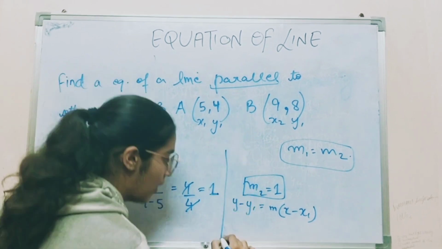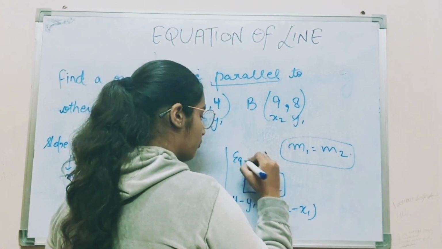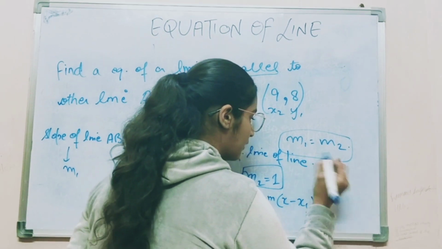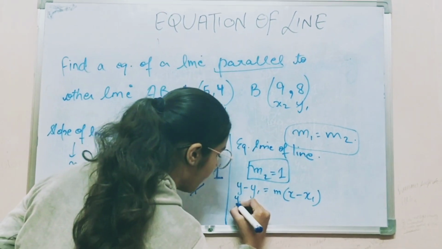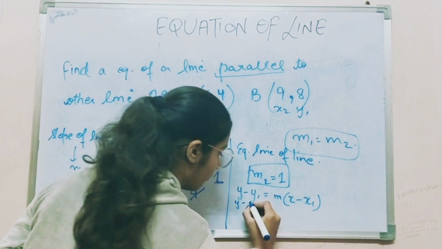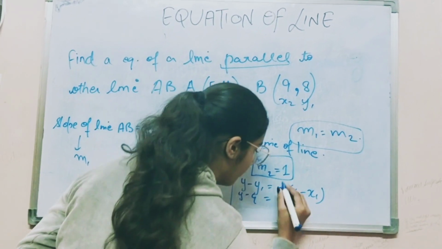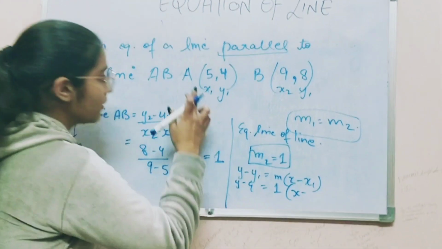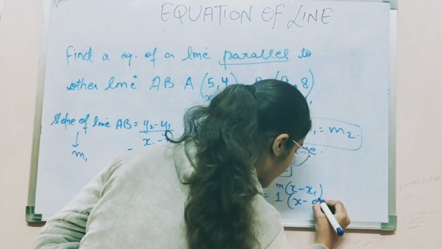Now let's substitute the values. This side I am going to find the equation of the line. Y minus, now y1 we are having 4, here we are having the value of m, so 1, and x minus, here we are having x1 as 5.